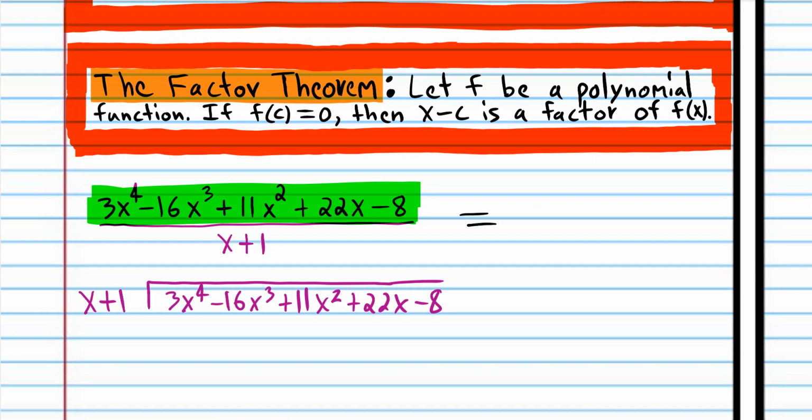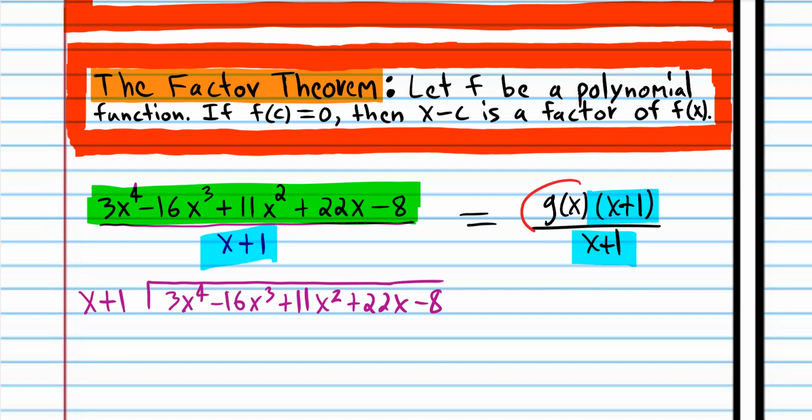So if you factor, you're going to get some function g of x times x plus 1. And what we're going to do is divide by the blue x plus 1, and that's going to cancel out that x plus 1, and you're going to be left with an expression that's a polynomial, and that expression is going to be a lot easier to deal with, and it's going to help us to find more solutions.